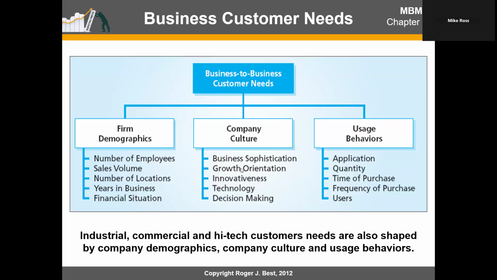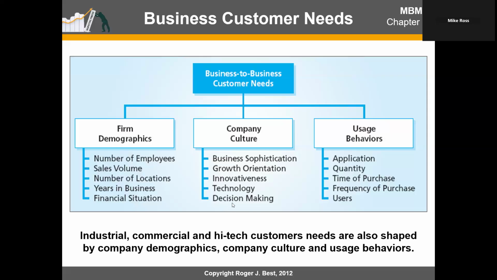But the look and feel of a company can vary in terms of, you can see here, attributes around sophistication, growth orientation. Do you want to be the first in everything or not? What is your disposition as a company toward technology? Are you a technology leader versus more of a technology follower?